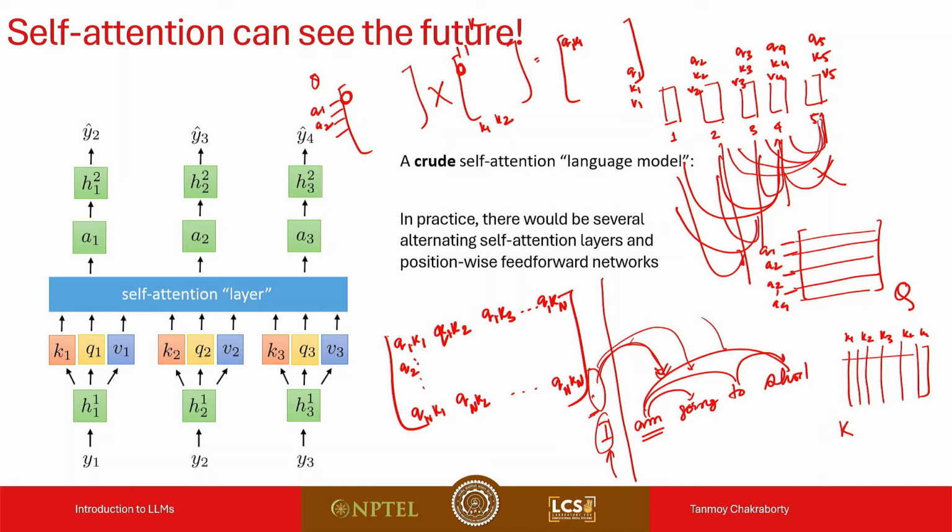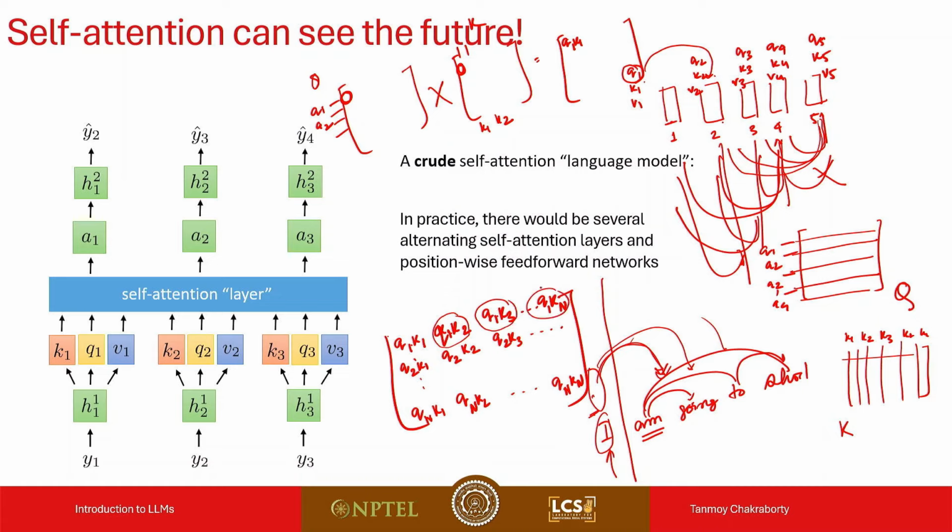What is this one? This one is Q2K1, Q2K2, Q2K3, and so on and so forth. Look at here. Is it allowed for Q1 to get multiplied with K2? No, right? Q1 is not allowed to be multiplied with K2 because K2 is the future state with respect to Q1. So this is not allowed.